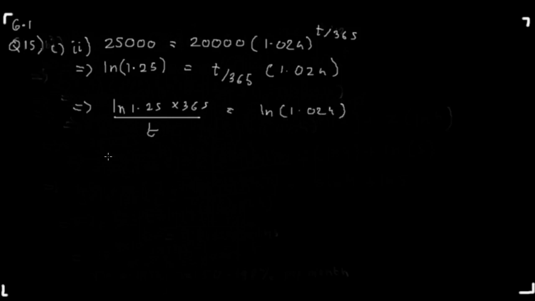You can see that we only changed one small thing, and that only changed a small part of the answer. So t is equal to the same thing we did before: ln 1.25 times 365 over ln 1.024.